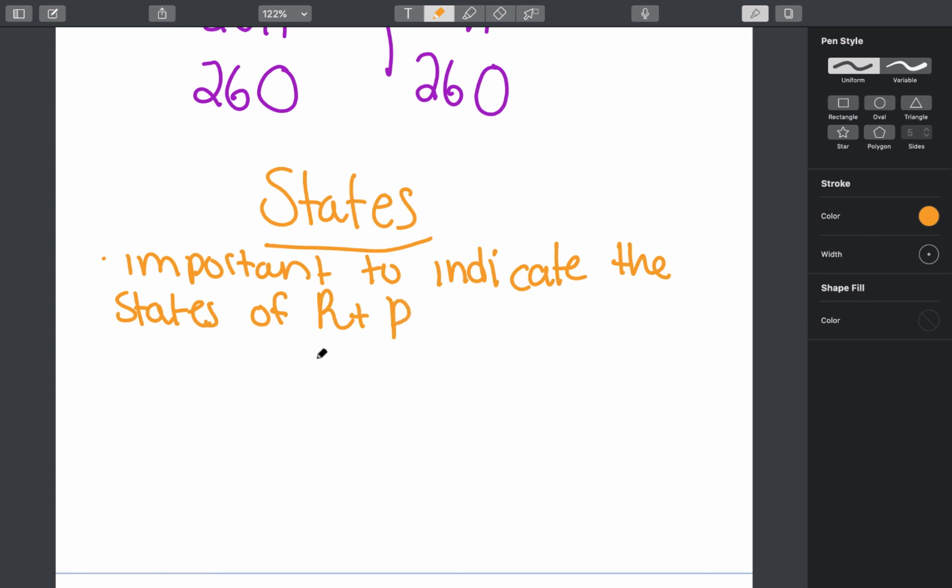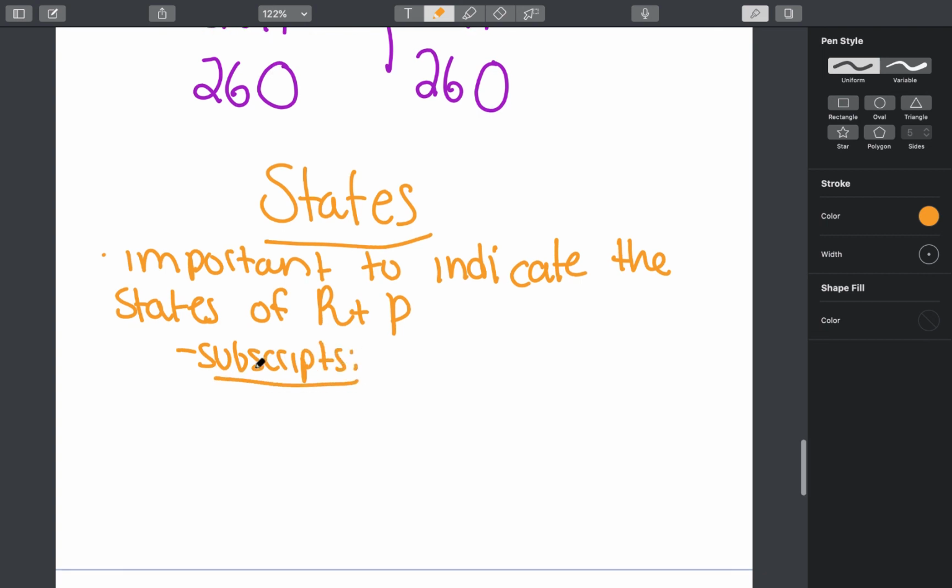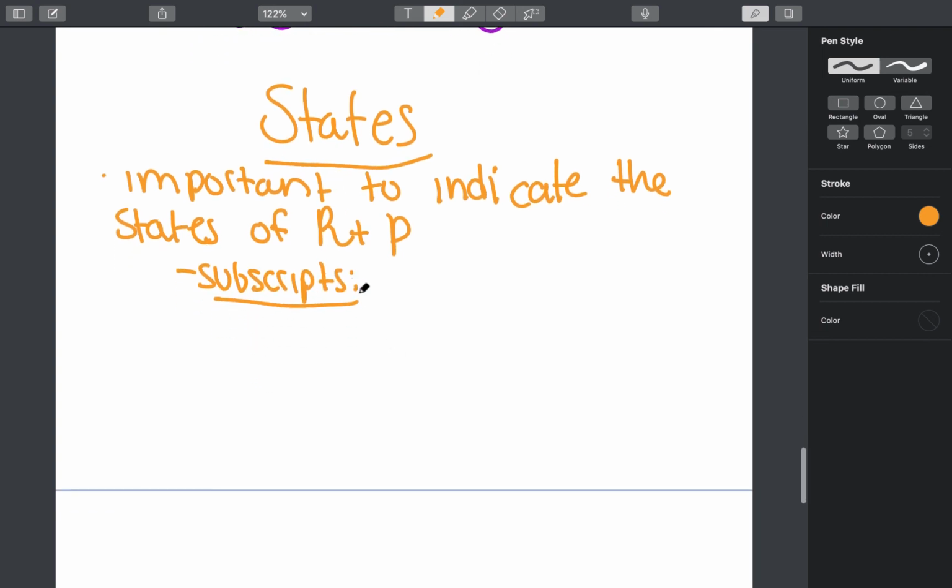So therefore, as subscripts, we indicate the state of the reactant or the product. So L is for liquid. So if your reactant or product is a liquid, so for example, if you had H2O in your chemical equation, you'd put a little subscript of L.